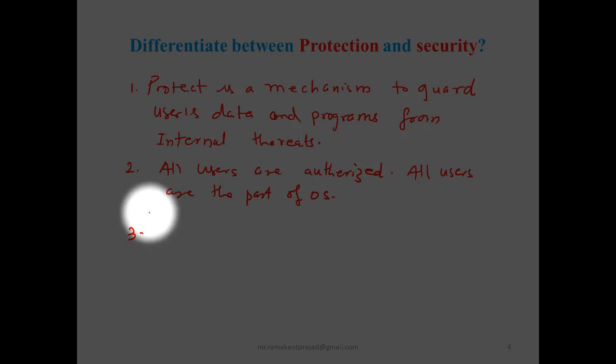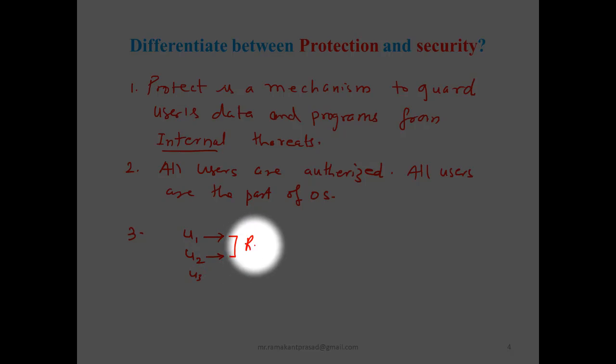Third point, internal threats are involved, which we have already discussed. Example: suppose user 1 and user 2 are assigned to access resource R1 and user 3 is assigned to resource R2.